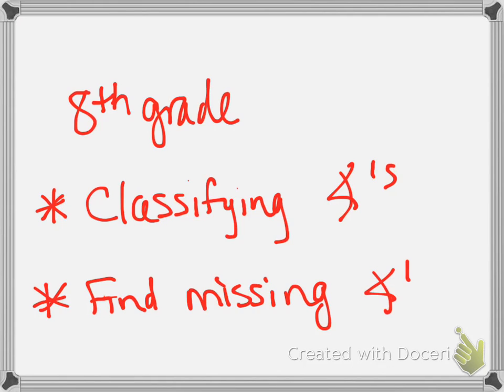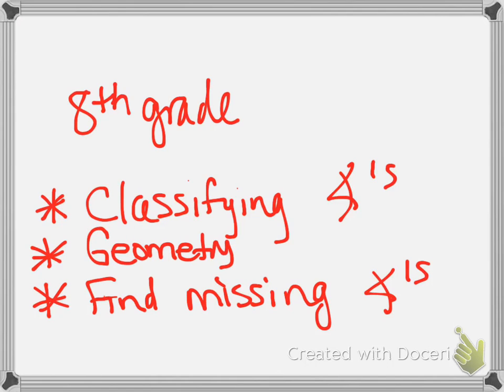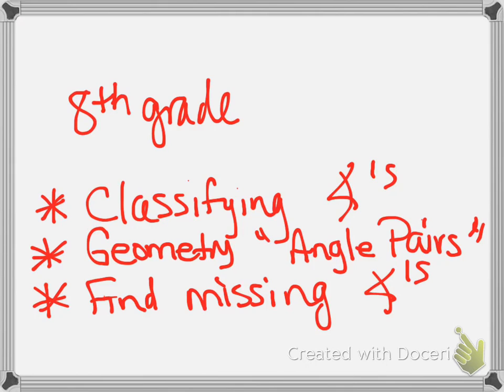And this is called geometry. So if you could find some geometry games that use the specific words angle pairs, you can practice this skill. So you're looking for some free online games at an 8th grade level, and if you want to, get on YouTube and find some instructional videos to help you out. Good luck!